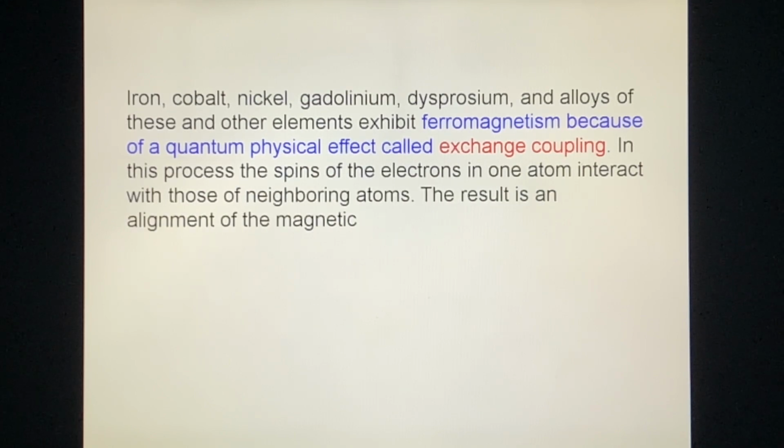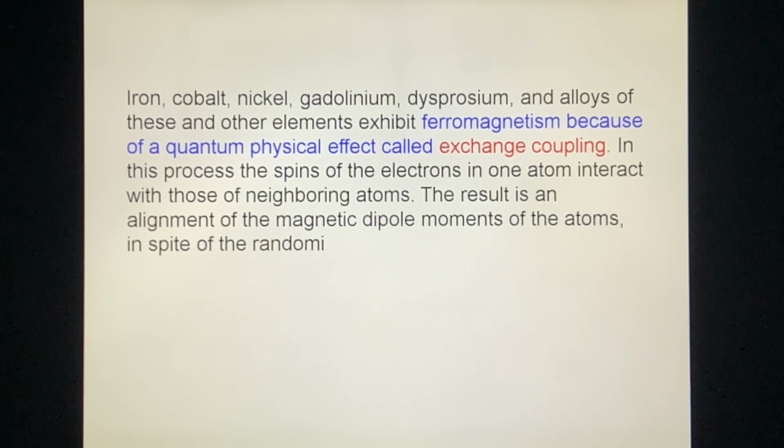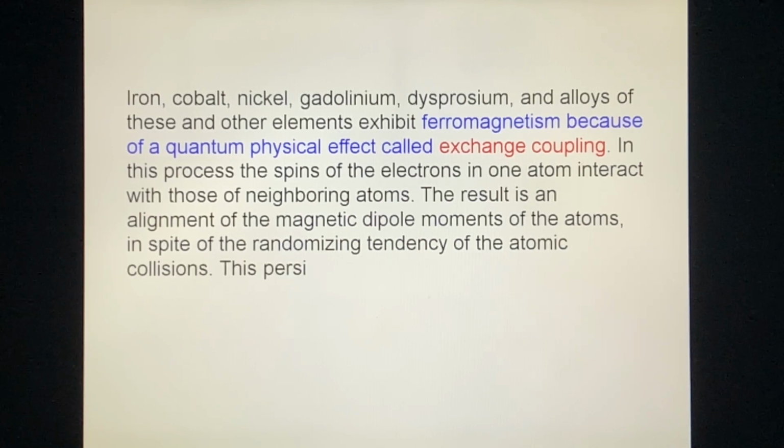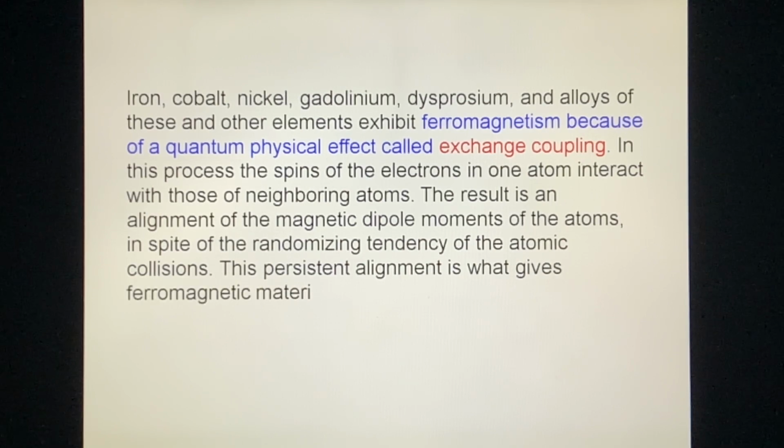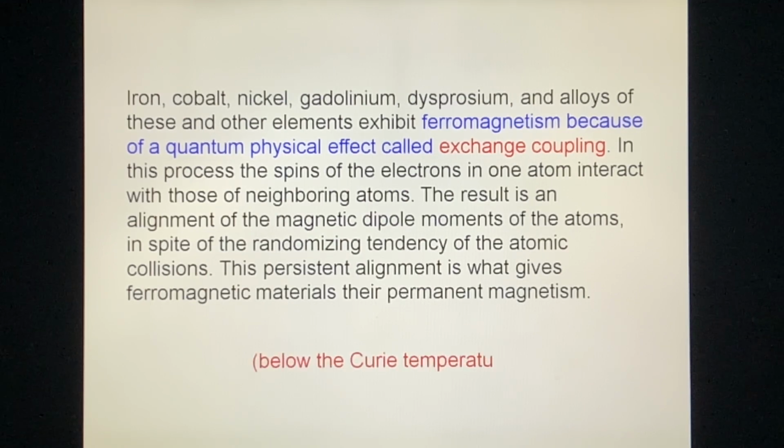The result is an alignment of the magnetic dipole moment of the atoms, in spite of the randomizing tendency of the atomic collisions. This persistent alignment is what gives ferromagnetic materials their permanent magnetism. Of course, all this happens below the Curie temperature.